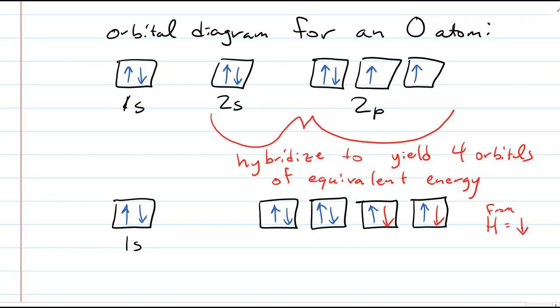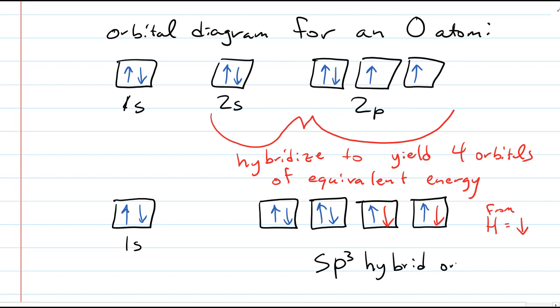Two of these pairs, the ones that come from the oxygen itself, are the lone pairs. These 2 here are the bonding pairs of electrons. The orbitals themselves are called sp3 hybrid orbitals.